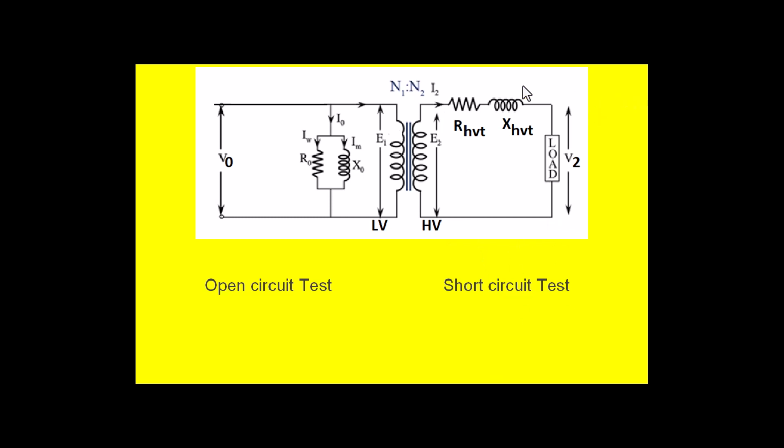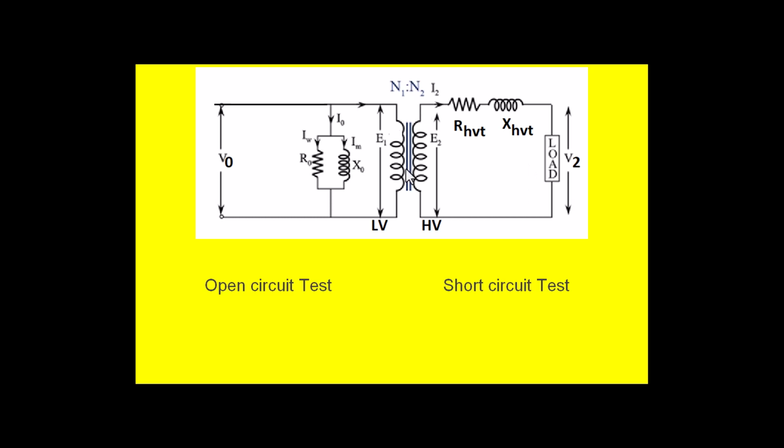So under the short circuit test condition, this is the equivalent circuit we get, whereas under the open circuit condition, this is the equivalent circuit of the transformer, that is, the applied voltage is the rated voltage to the primary winding, and the currents that flow here are Iw and Im, and the values are R0 and X0. Whereas for the short circuit test, the equivalent circuit is this.